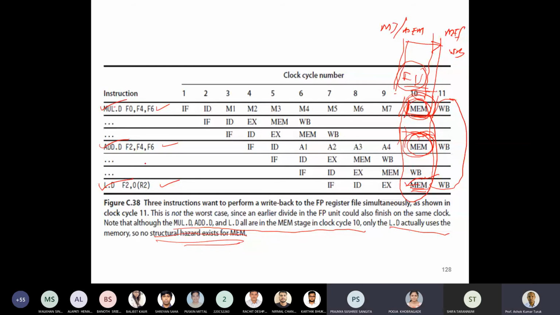Sir, in yesterday's class, you were talking about exception handling. You said that if we are using a pipeline processor, then at the end of the pipeline, in the WB stage, we are checking the status.